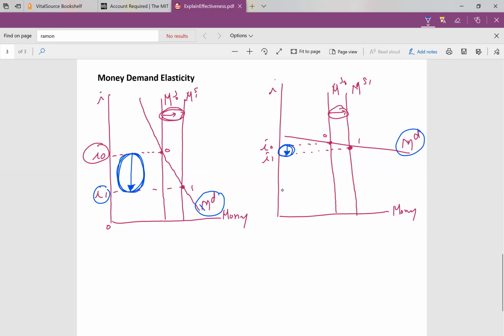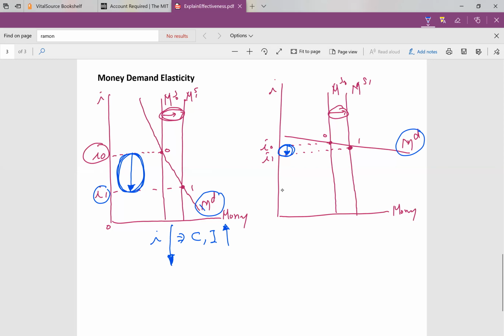Now, if the drop in the interest rate is very large, like I have it here, the likelihood that consumers and firms will respond by increasing their consumption and investment is rather high.